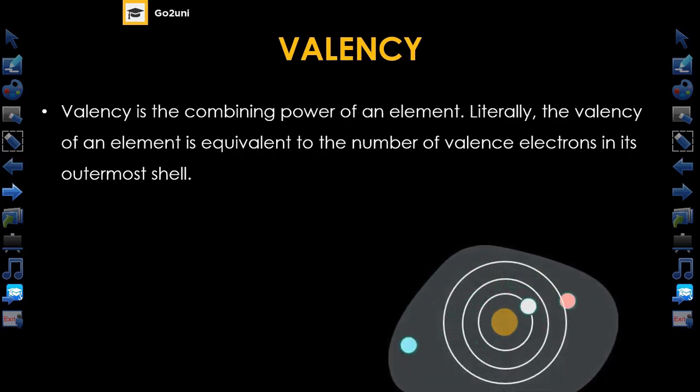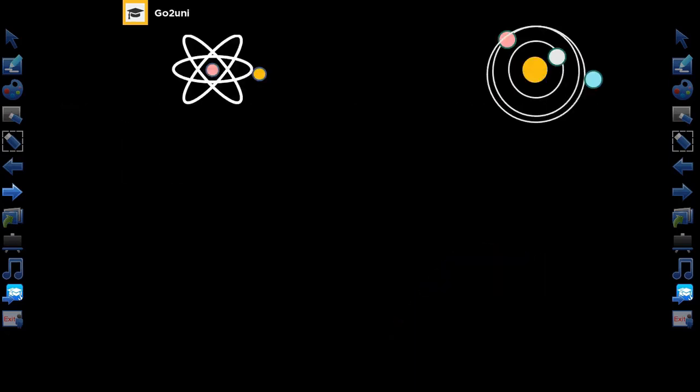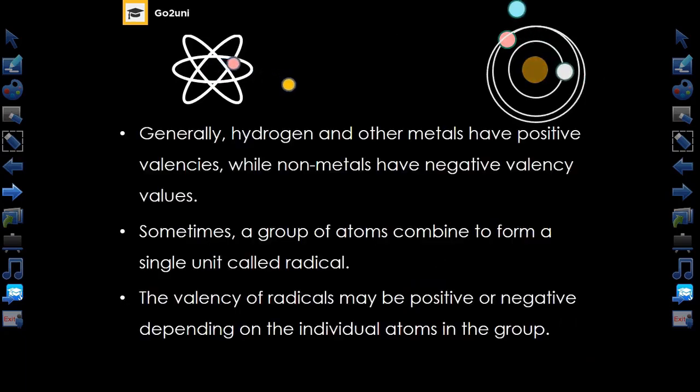Let us therefore get to understand what this valency is and what the valency of different elements is. Generally, hydrogen and other metals have positive valencies. Why? It is because they tend to give out their valence electrons.